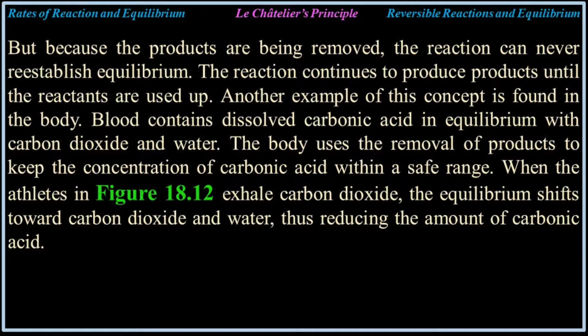Another example of this concept is found in the body. Blood contains dissolved carbonic acid in equilibrium with carbon dioxide and water. The body uses the removal of products to keep the concentration of carbonic acid within a safe range. When the athletes in figure 18.12 exhale carbon dioxide, the equilibrium shifts towards carbon dioxide and water, thus reducing the amount of carbonic acid.